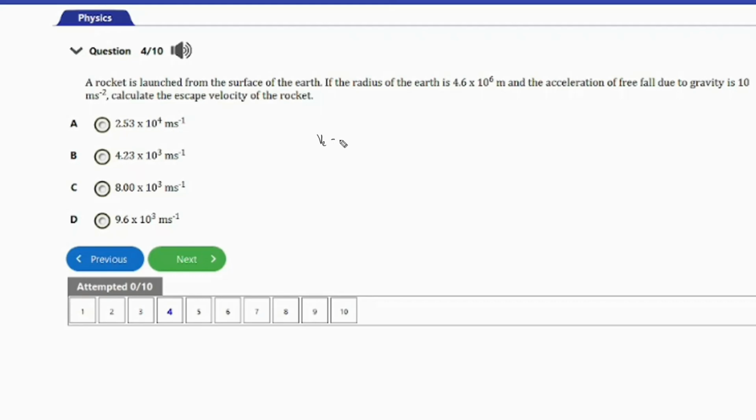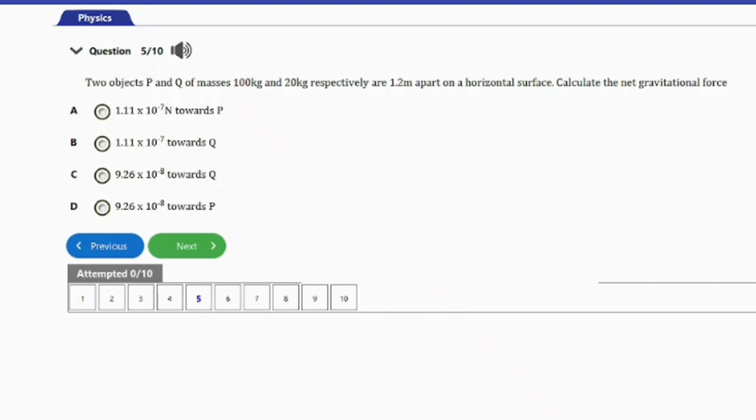So guys, in order to do this, you're going to use the formula square root of 2gr. So here we're going to have 2 times 10 times 4.6 times 10 to the power of 6. So guys, when we multiply this out, we're going to have 9.6 times 10 to the power of 3, and that's it for this question. So let's check out the next question here.